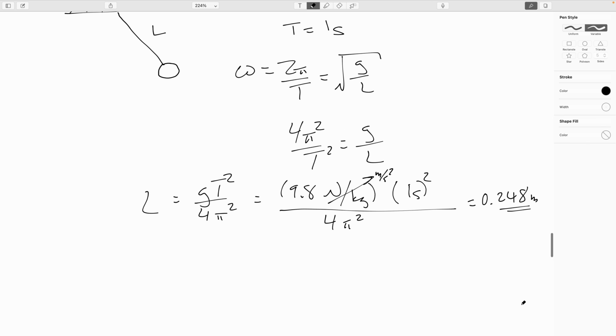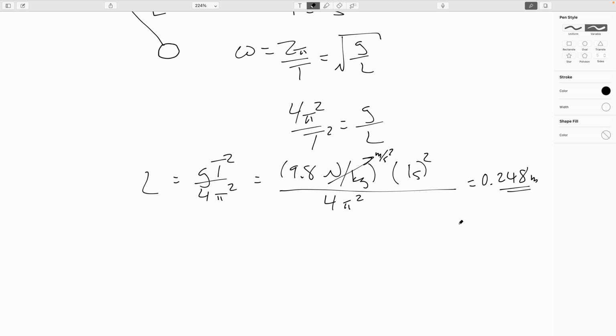So by comparison, a foot is, by law, 0.3048 meters. Or we could say that this distance was about 9.76, call it 9 3/4 inches.